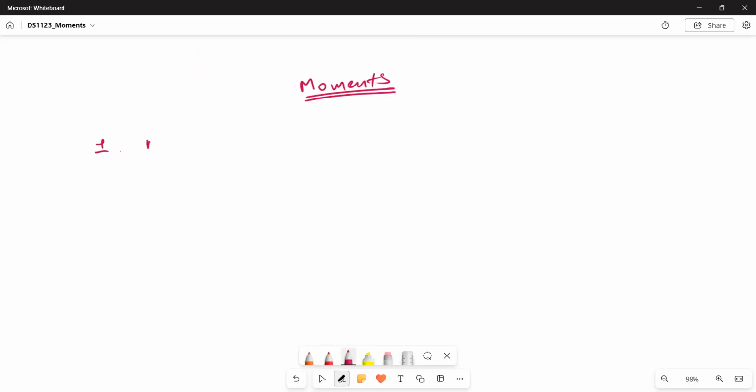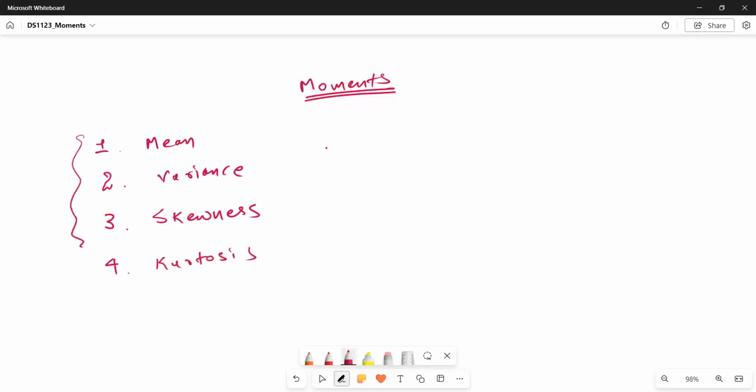We have the first moment, which is the mean of the data. Then we have the second moment. Second moment is called the variance of the data, right? Then we have the third moment. Third moment is the skewness, right? And then we have the fourth moment, which is, of course, kurtosis, right?